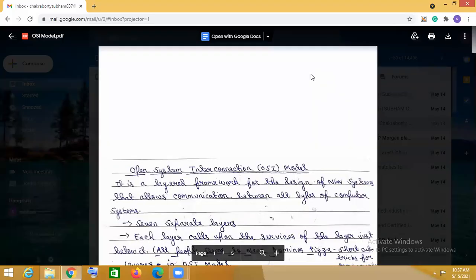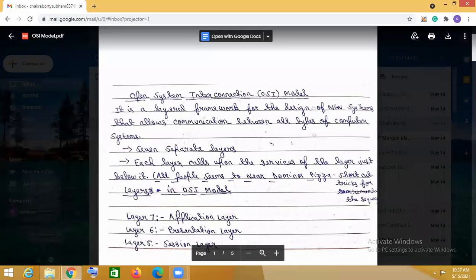Now we will see the Open System Interconnection, or the OSI model, which we have discussed. In every networking device, this layered framework, the OSI model, is followed.